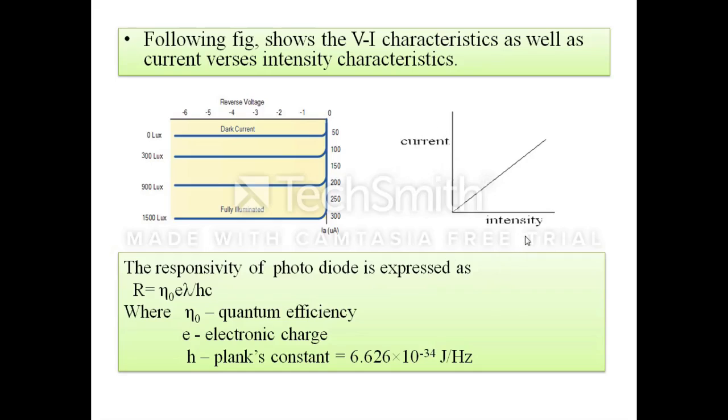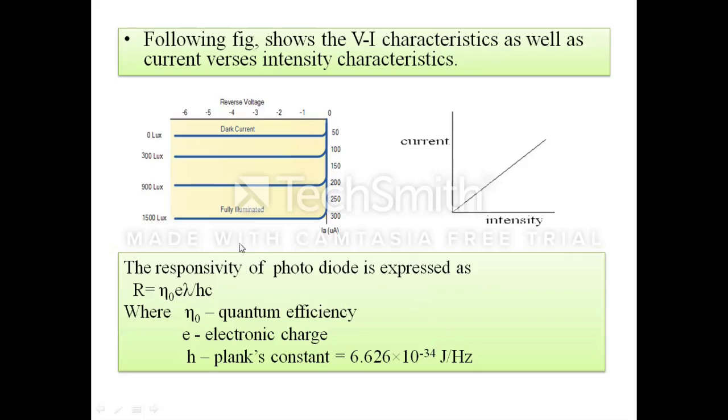If we increase the intensity of light falling on the diode, then the reverse current of the diode increases, and that's why this characteristic is known as the illumination characteristic. These are known as the reverse voltage characteristics, because they are plotted between reverse voltage and reverse current. From both the characteristics, it is clear that the reverse current flowing through the diode is proportional to the intensity of light falling on it.